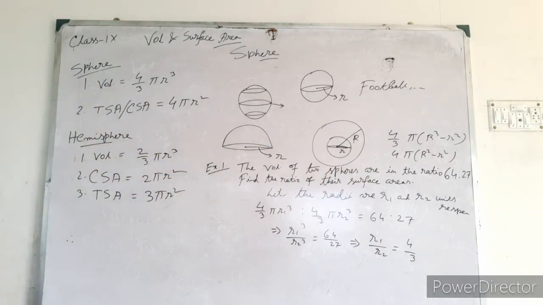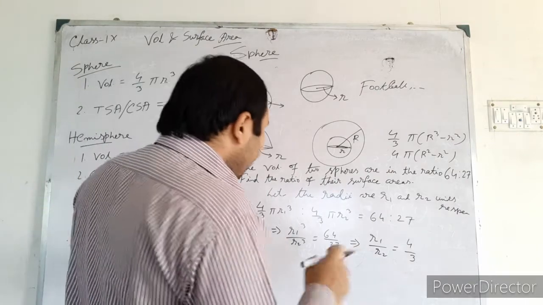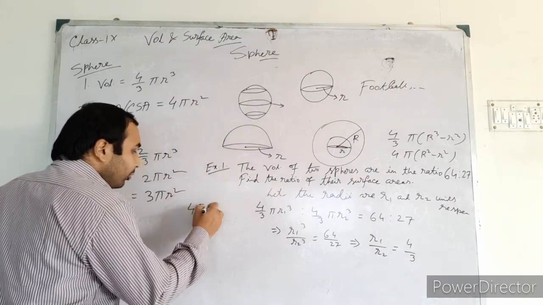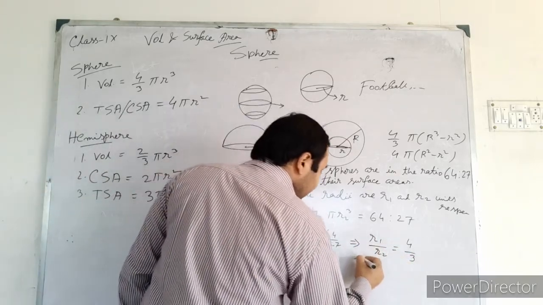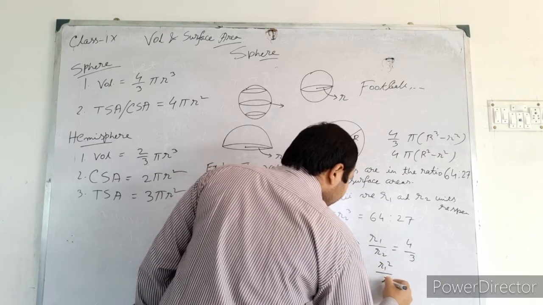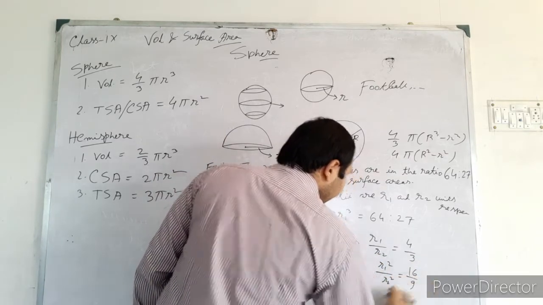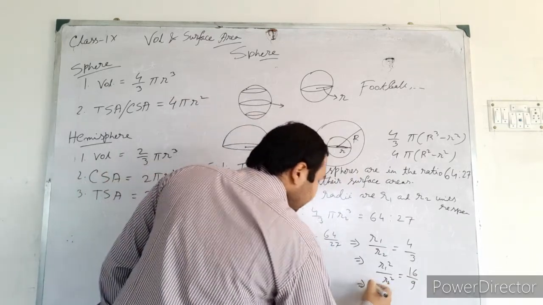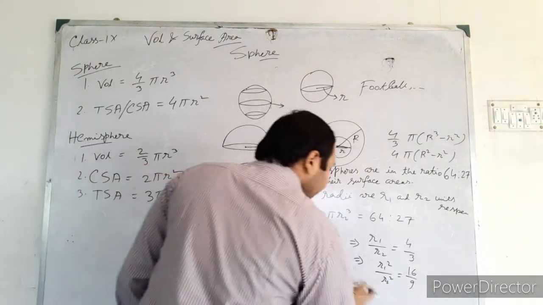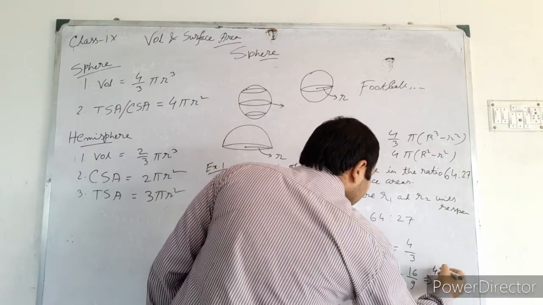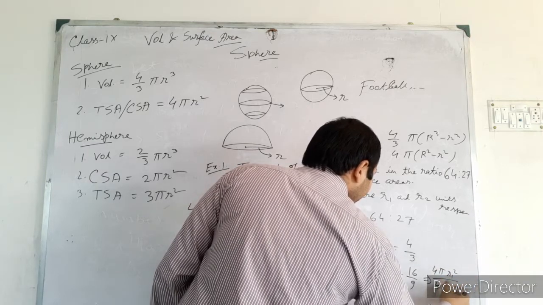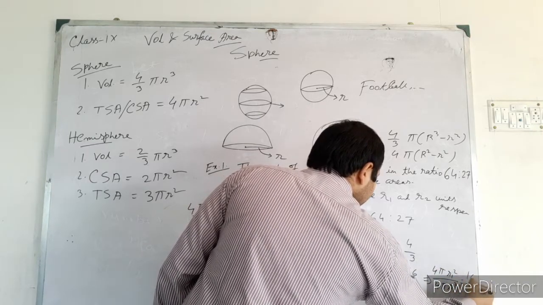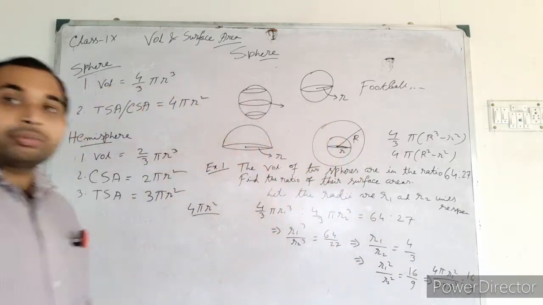Now we will find the ratio of their surface areas. What is the formula? Surface area is 4 pi r square. If R1 by R2 is 4/3, then R1 square by R2 square equals 16/9. Taking 4 pi R1 square by 4 pi R2 square, it is 16/9 only because 4 pi and 4 pi are cancelled out.